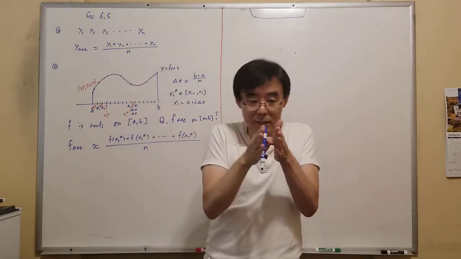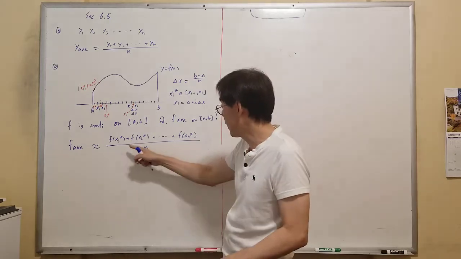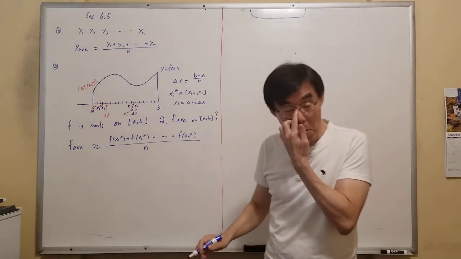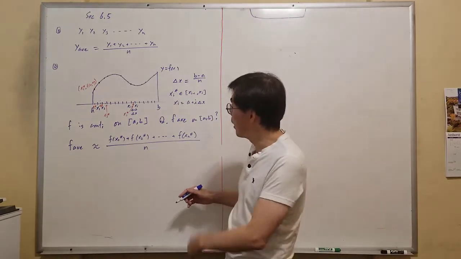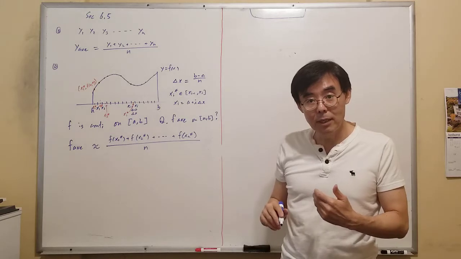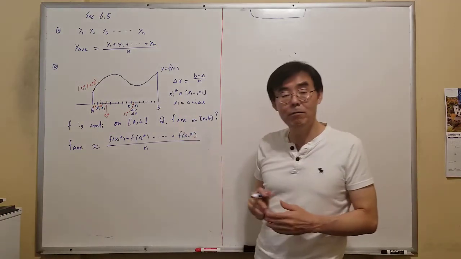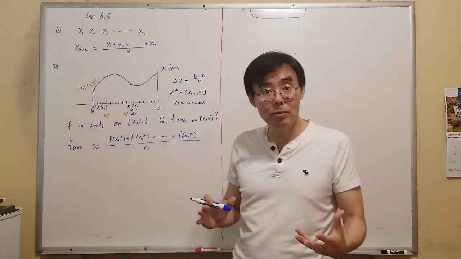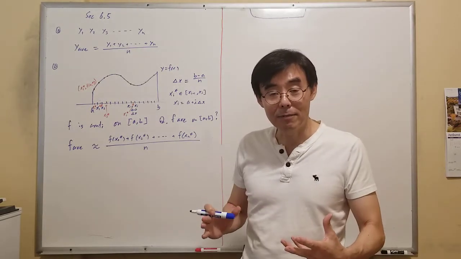Because when delta x is very small, no matter where you choose xi star, the function value will be more or less the same. So we just average out those sample point function values. If n is large, this should be very close to whatever average value we want to define.